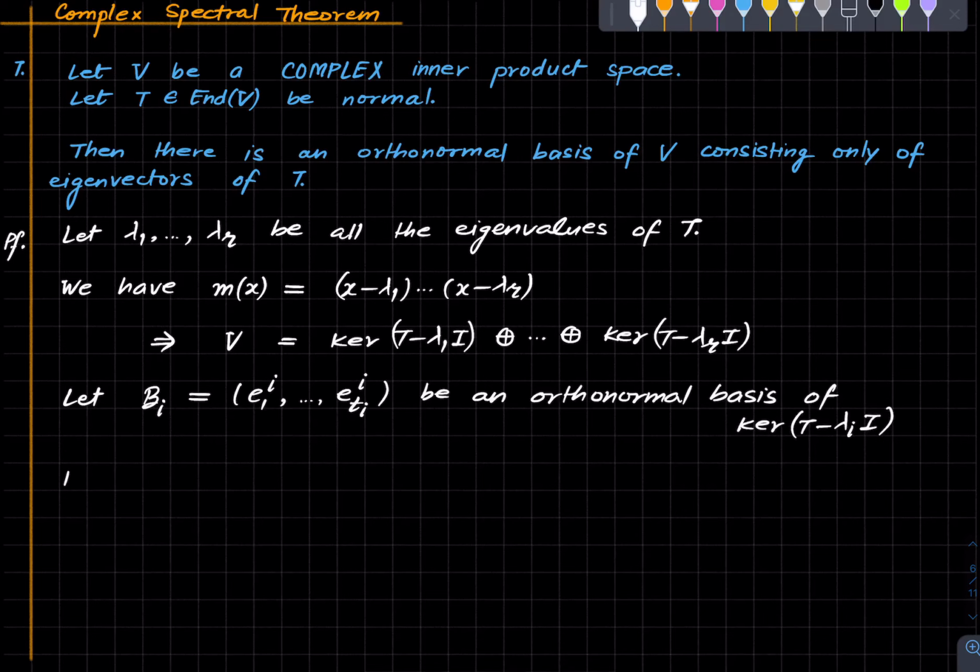So now one just needs to check that if you just concatenate all of these things, then you get an orthonormal basis, of course. Why? Because all these are pairwise orthogonal.